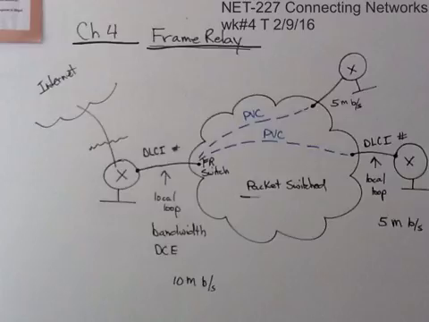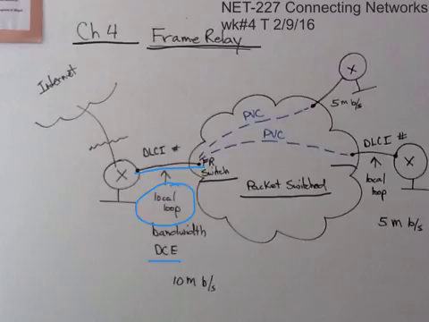So frame relay is a packet switched method of sending information through the cloud. You have a frame relay switch at the edge, and then we have the local loop that connects our DTE equipment with the frame relay switch.